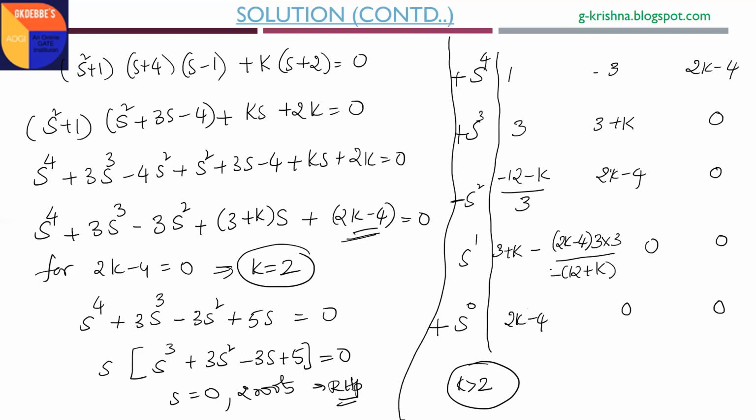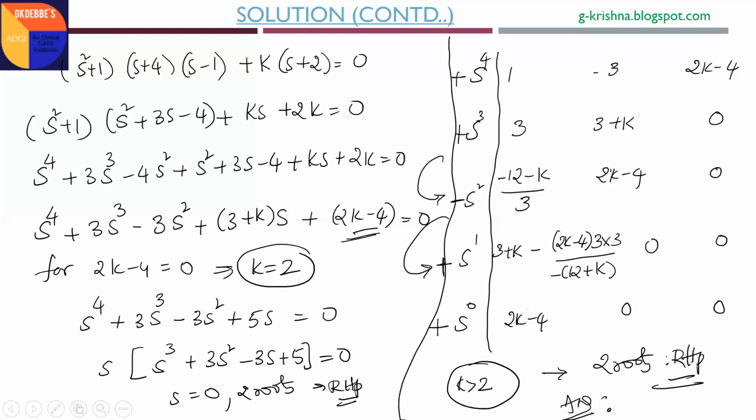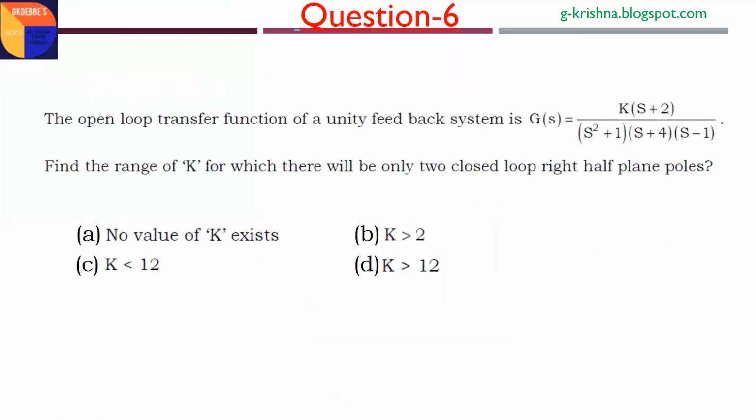And this minus will become plus only for k greater than 2, this is positive, this is also positive, and this is also plus sign only. How many sign changes you'll have in the first column, definitely 2 sign changes, and for k greater than 2 onwards, definitely 2 roots will lie in the right half of the S-plane. Hence, your correct option is B only.